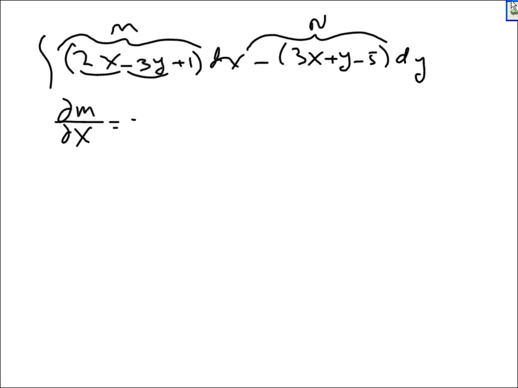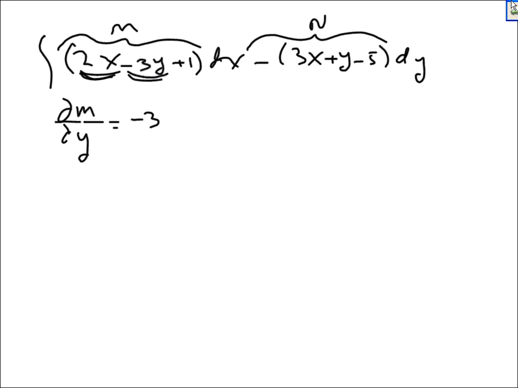The partial of M with respect to y: that's a constant, so its partial is 0. This is a function of y, the partial is negative 3.